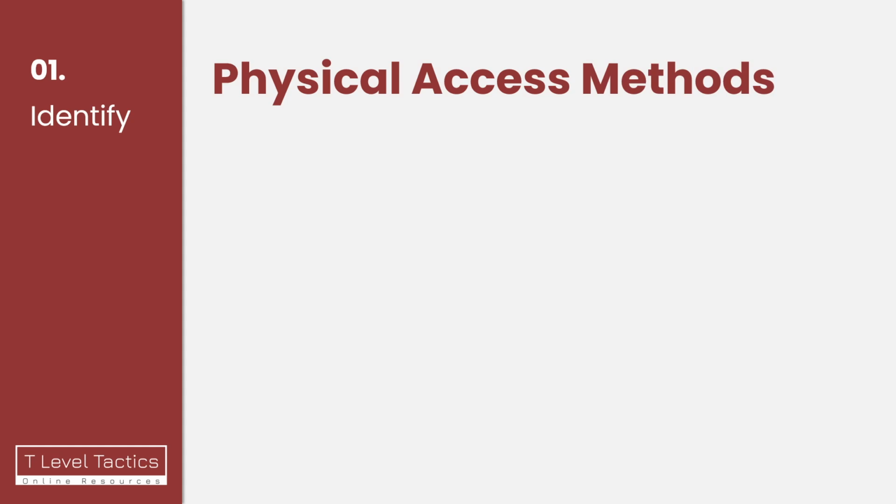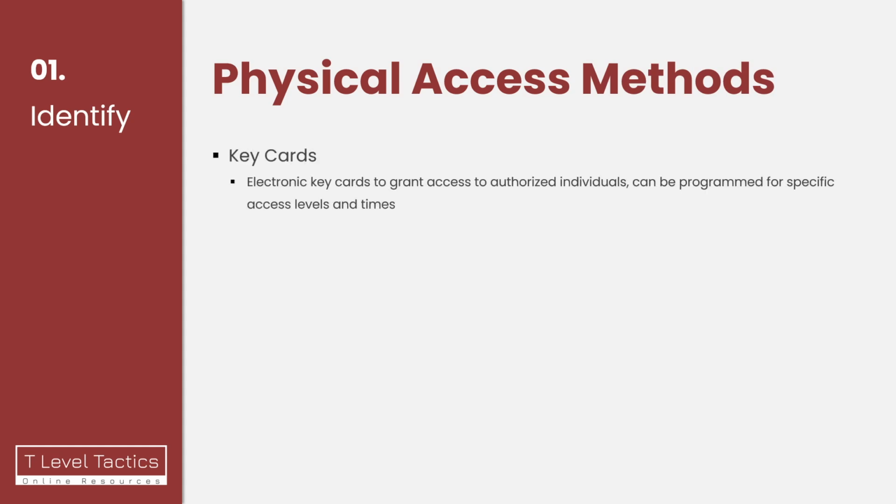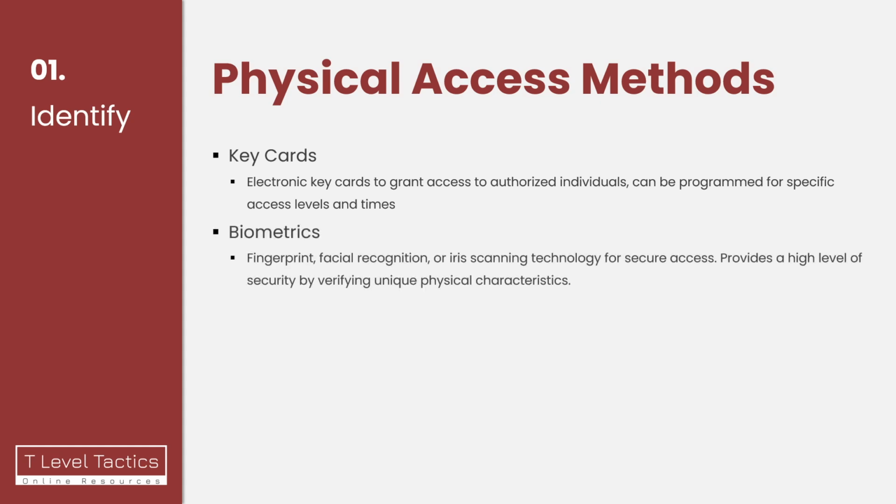Physical access control methods can include things like keycards, which are electronic cards that grant access to authorized individuals, and they can be programmed for specific access levels, times, and even specific rooms or buildings if we want to. It includes biometrics, things like fingerprint and facial recognition or iris scanning technology for secure access.